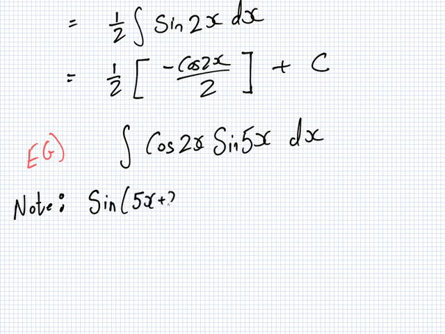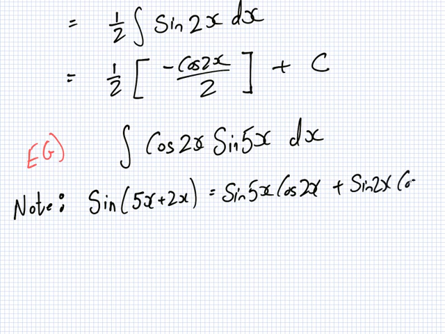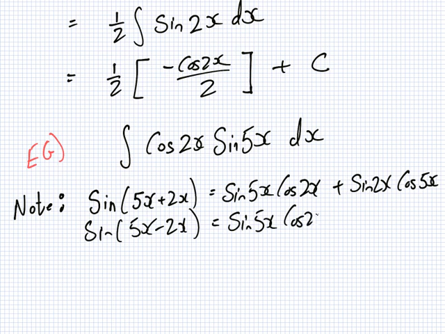Because then I can get sine 5x cos 2x plus sine 2x cos 5x. And I can do the same thing with the minus, and I get sine 5x cos 2x minus sine 2x cos 5x.